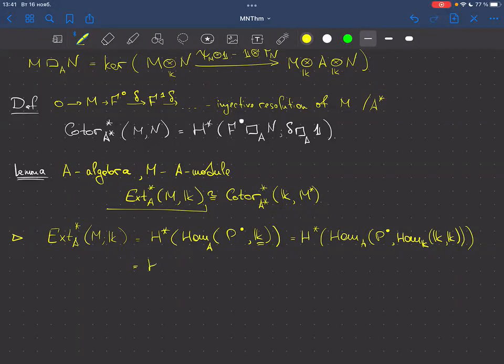So this thing is the cohomology of Hom over A from, let me see, just one sec.